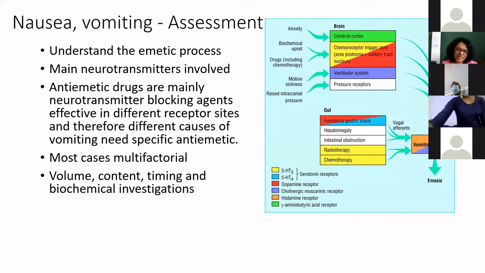And whatever the symptom we are dealing with, we have to have a rough idea of the mechanisms. For example, nausea and vomiting, we have to have a rough idea of the mechanism of nausea, because the drugs that we use depend on the cause and the mechanism, right?